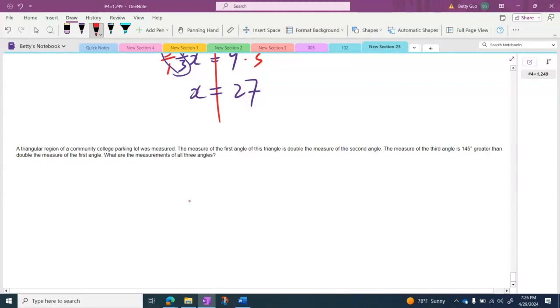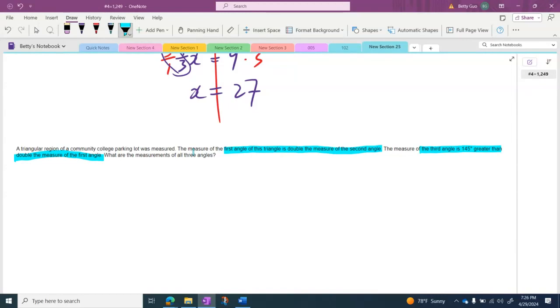Okay, let me highlight this part. First angle is double of the second. The third angle is 145 greater than double the first.